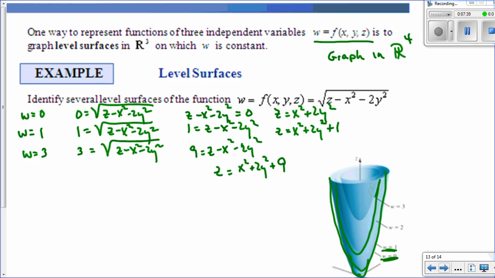And so that would be this paraboloid right here. Every point x, y, z on the surface of that paraboloid would correspond to a value for W of 3. So that's a way to not have to worry about a fourth dimension. You're looking at constant values of W and at that whole surface that maps to those constant values of W.